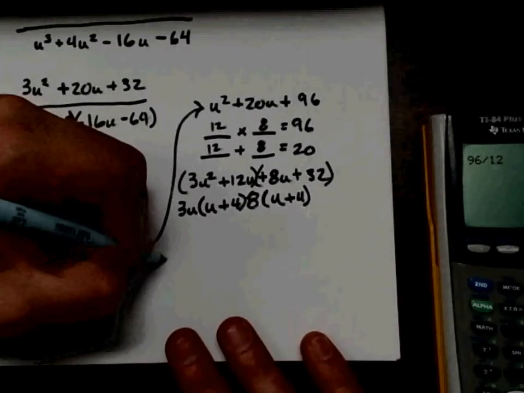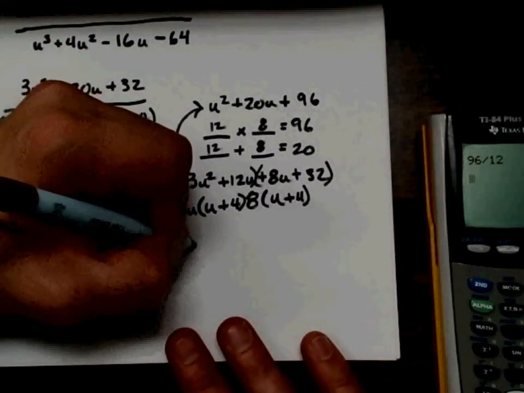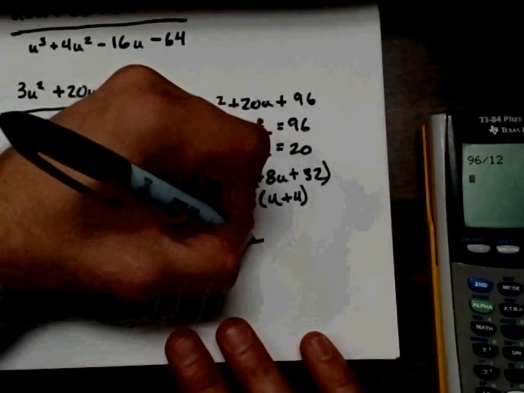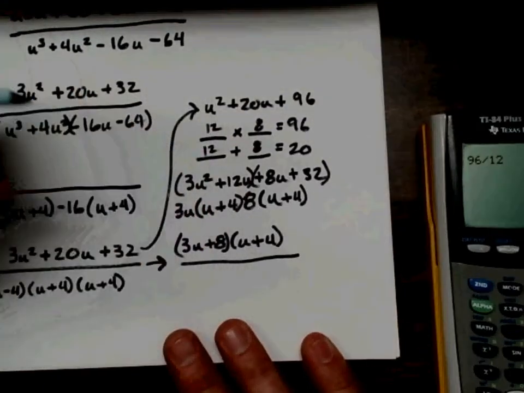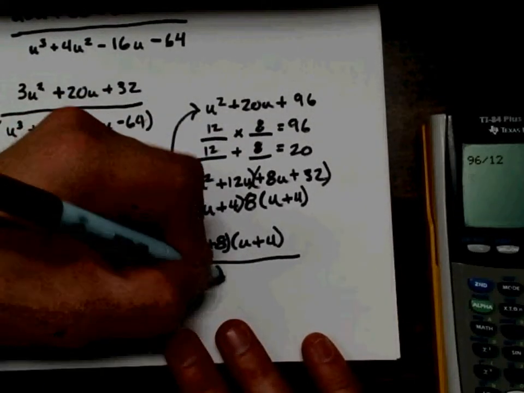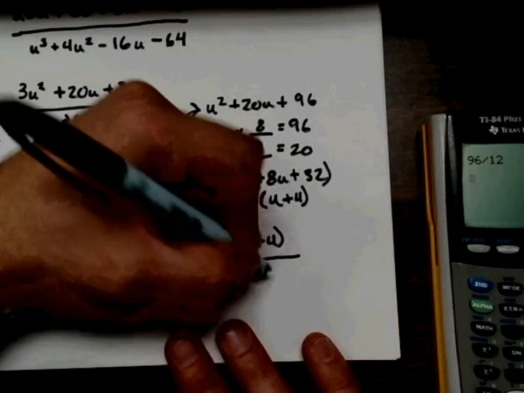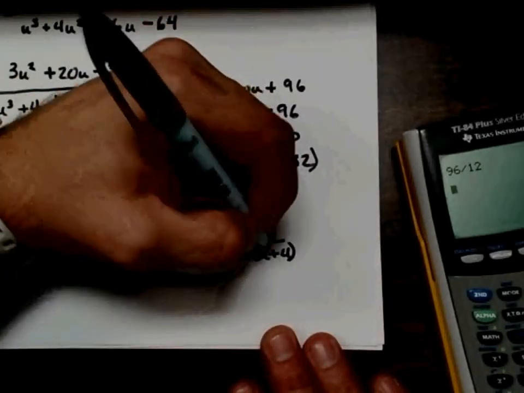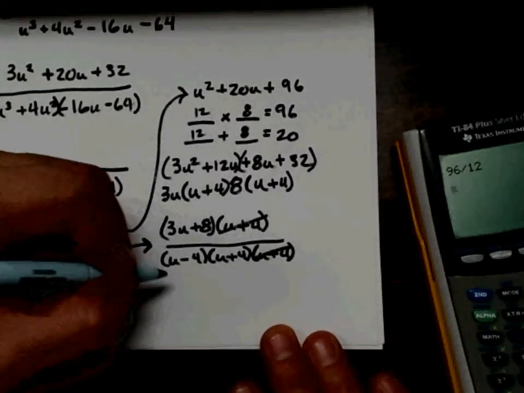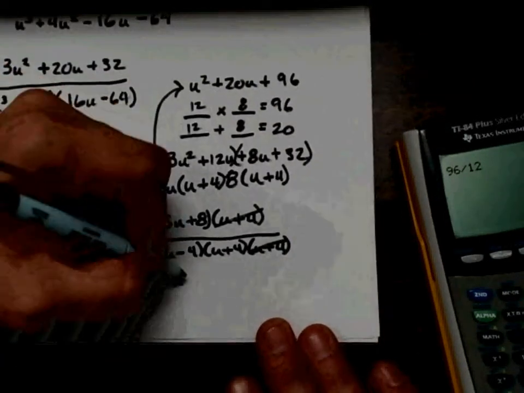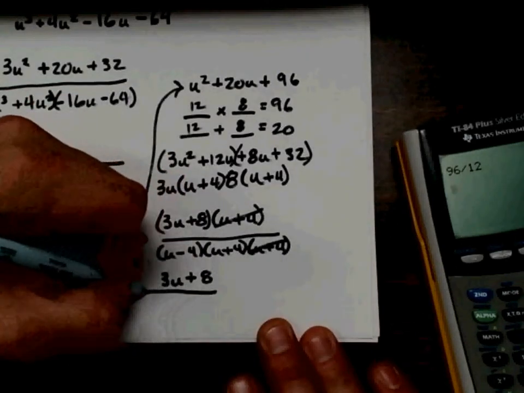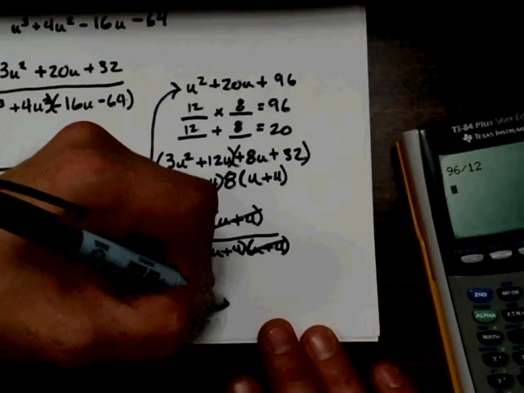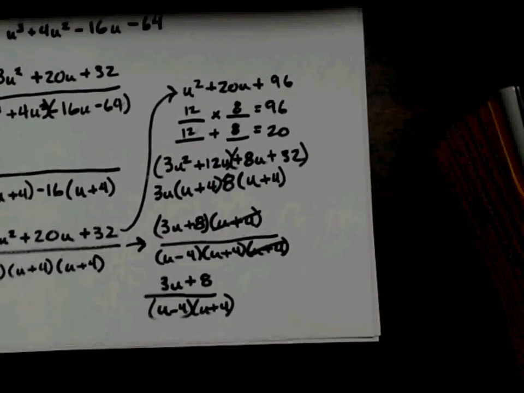And so my factored form is going to be 3u plus 8 times u plus 4, all over u minus 4, u plus 4, u plus 4, and what I can do is cancel my plus 4s, and it leaves me 3u plus 8 all over u minus 4 times u plus 4.